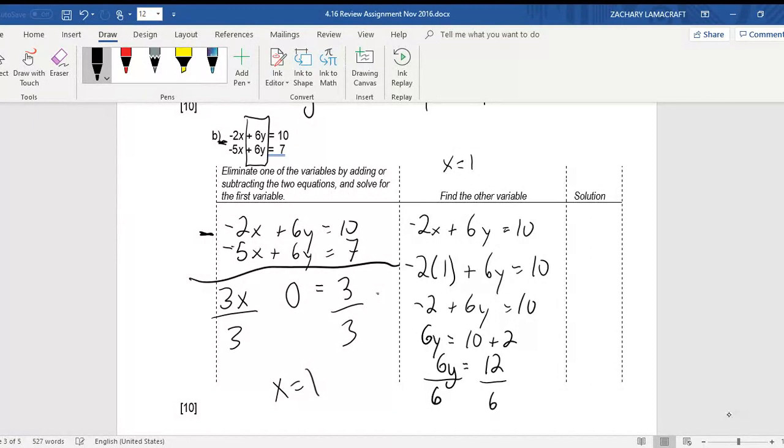We want to do this to get y by itself, which is 2. So 1 and 2.